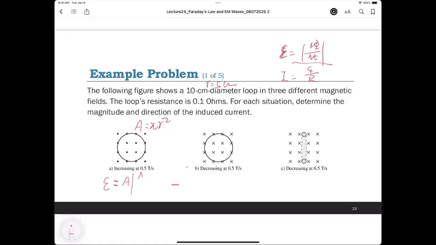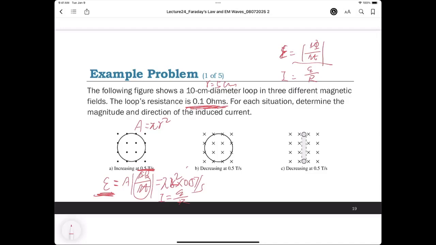You put it in: pi R squared multiplied by this, 0.5 T per second, and then you get the EMF. Then you can use Ohm's law to calculate the current, because you know the resistance.